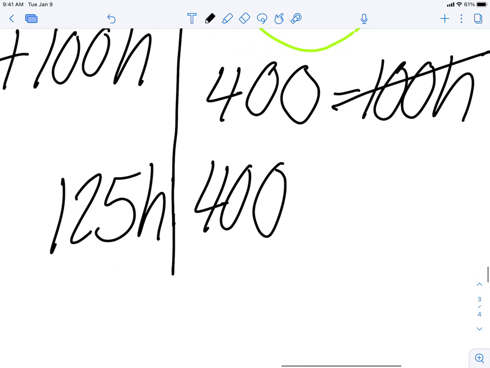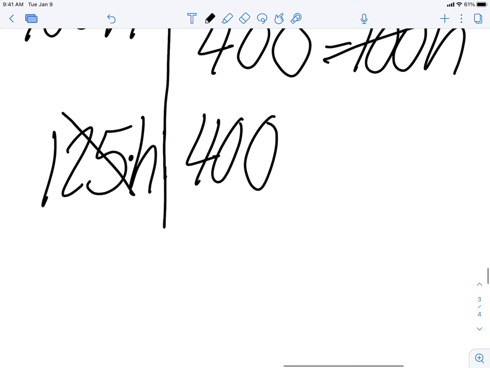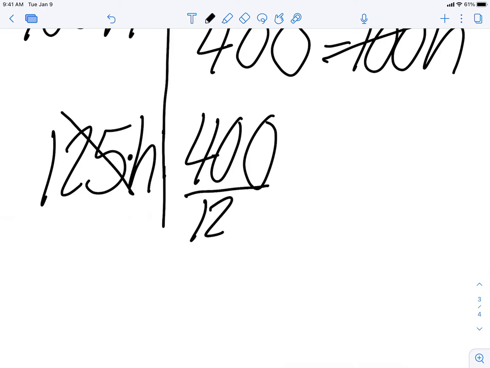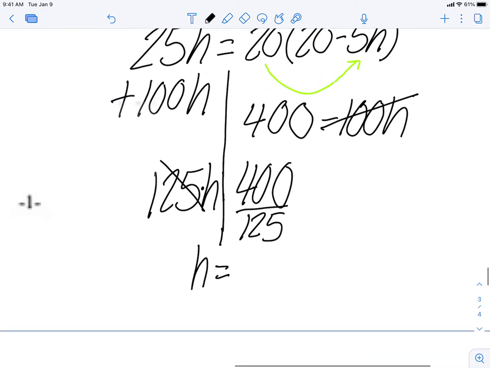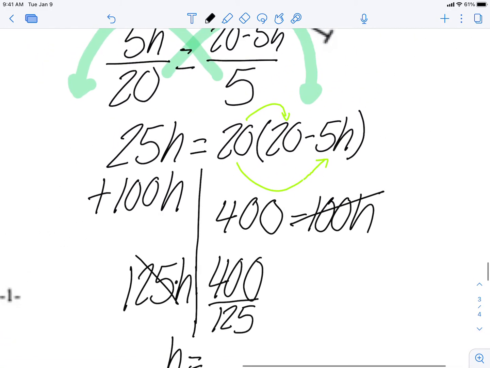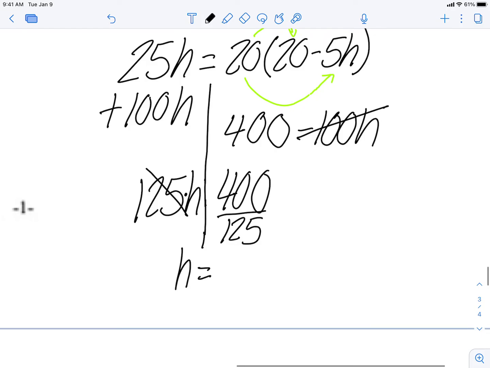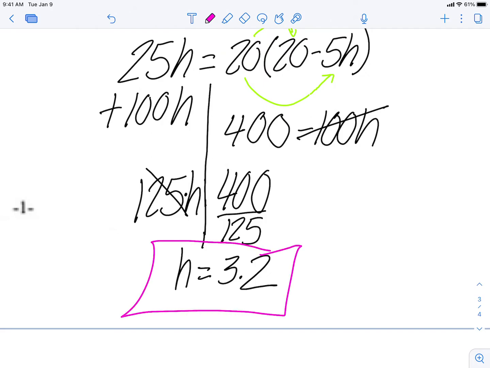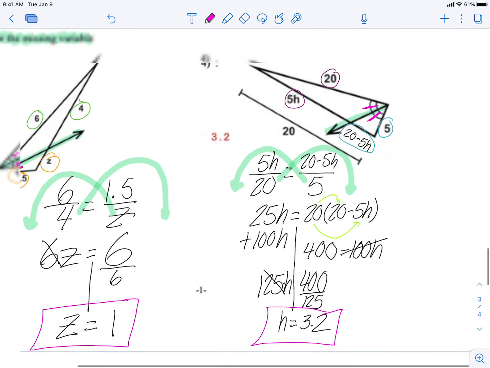Well, 125h means 125 times h, so the opposite of multiplying by 125 is dividing by 125. So I get h is equal to, what is it? 3.2. And that, kiddos, is our solution for number 4.